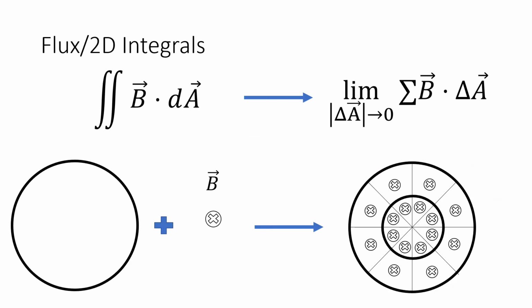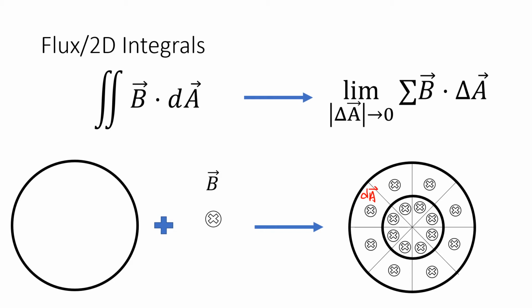The second one is flux, or a 2D integral. These are actually just interchangeable, and it's the same idea. So dealing with the circle again, if B is a vector that's going into the page, for example, we're making whatever surface we're given into a bunch of little areas, dA. So dA, like this.